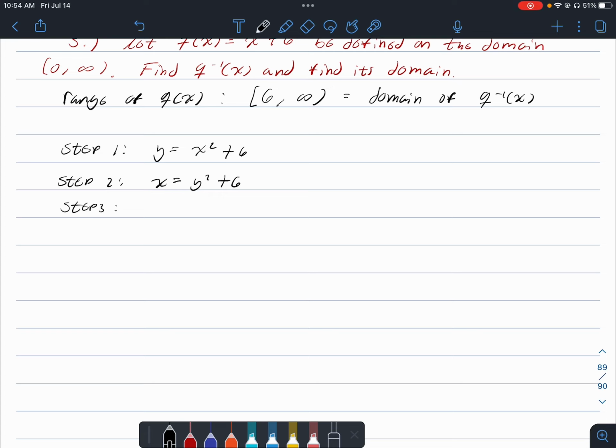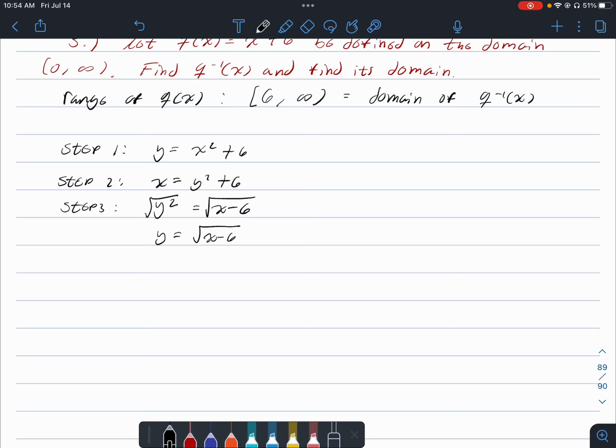Step 3, we solve. So we'll have y squared is equal to x minus 6. And then we can take the square root of both sides. And we'll get y is equal to the square root of x minus 6.